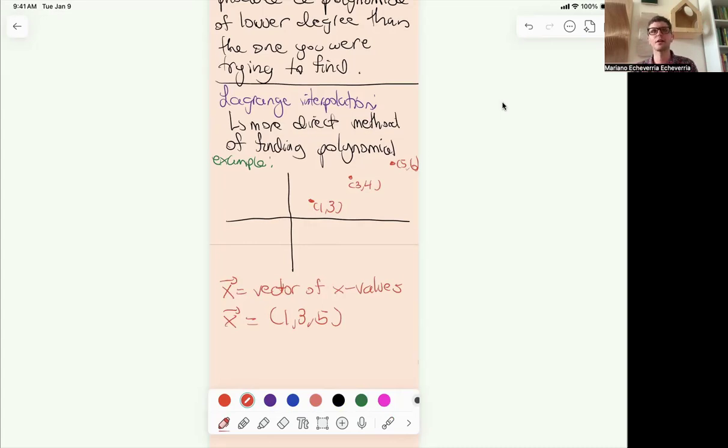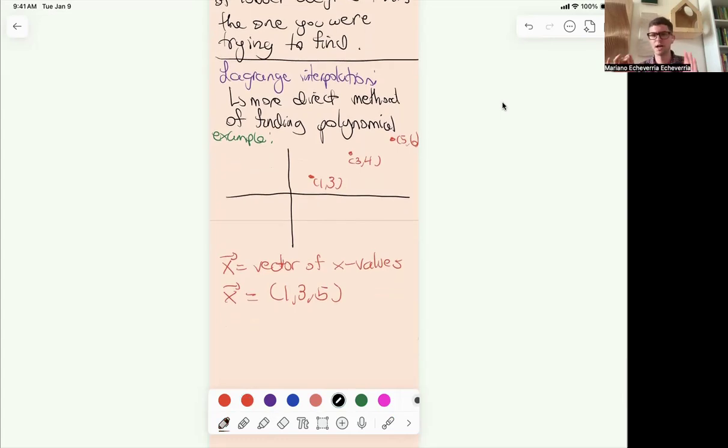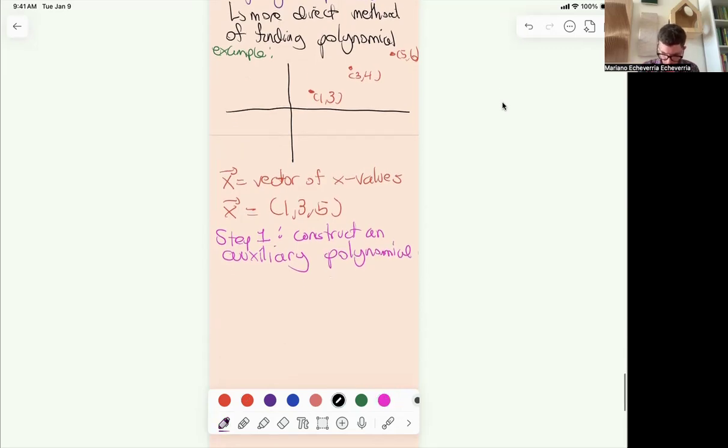So first, I'll construct an auxiliary polynomial. I'll write it in steps. Step one, construct. This is not the polynomial that I want. It's auxiliary. It's just meant to help you. I'll call this L for Lagrange.